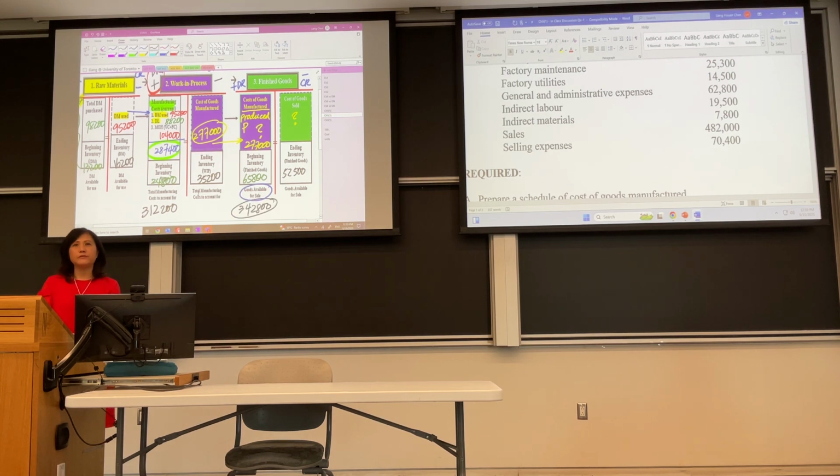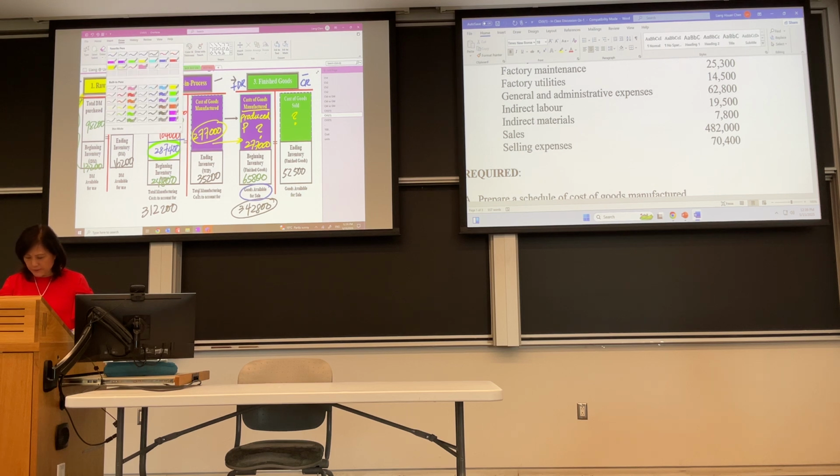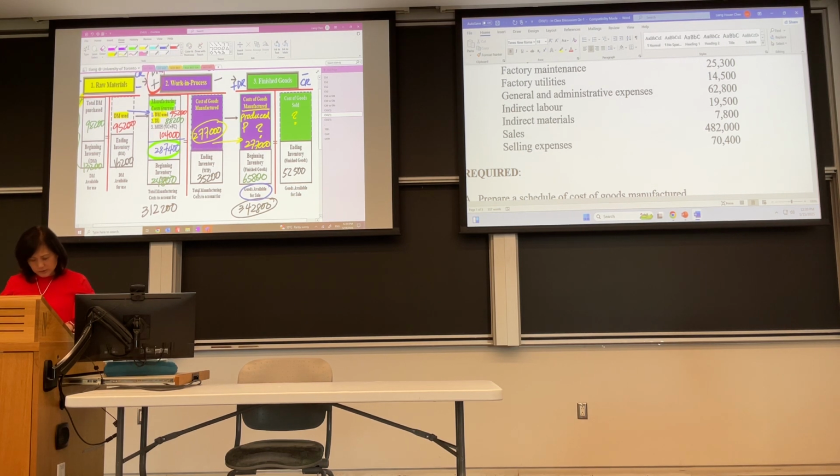Everything available for sale. You sold some, the leftover, you did not sell everything. So cost of goods sold, minus leftover, cost of goods sold is 290,300. We okay with this?